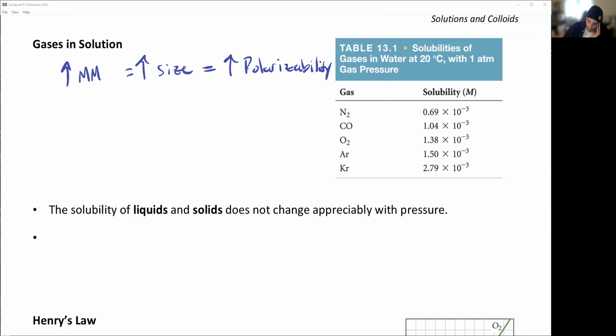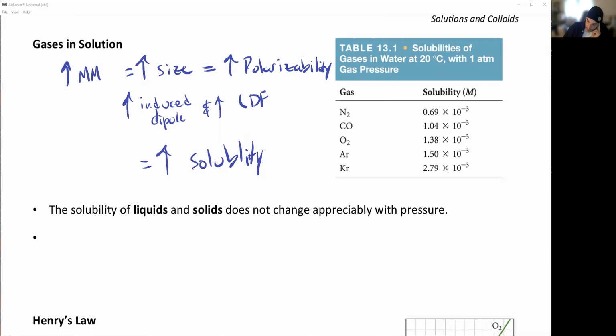More polarizable increases the size of the induced dipole effect. Increasing that dipole effect, an increase in dispersion forces, or LDF, I'll say, equals an increase in solubility. So ultimately, the larger it is, the more soluble it is.